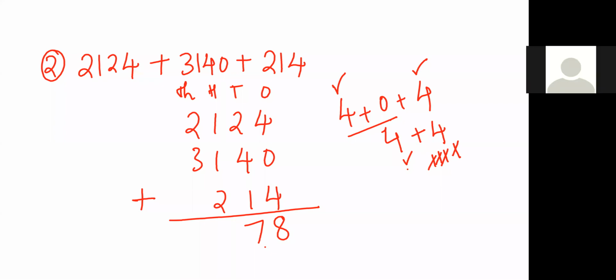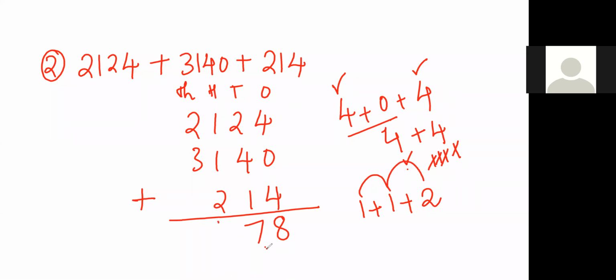Yes, ma'am. Tell me, what is the answer in the hundreds place? The digits you can see are 1 plus 1 plus 2, right? 1 plus 1 is 2. Again, 2 plus 2 is how much?